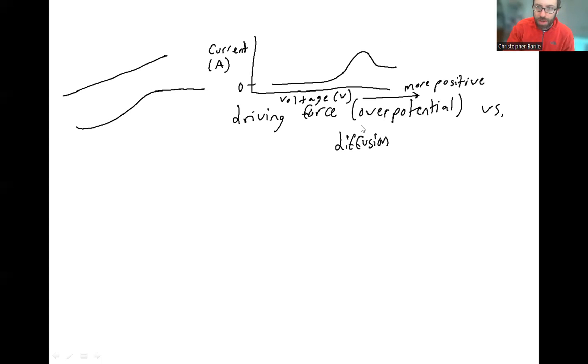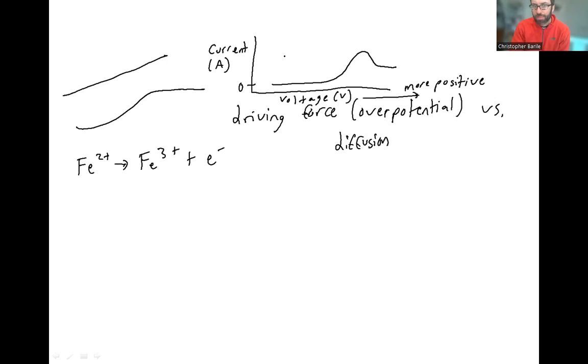So let's think about a prototypical reaction like ferrocene going to ferrocenium. That's an oxidation reaction. Fundamentally, what's happening there is iron 2 sites are being oxidized to iron 3 sites. So we know this peak is due to that happening, but why is it a peak shape and not one of these other shapes when we do a typical standard cyclic voltammogram?